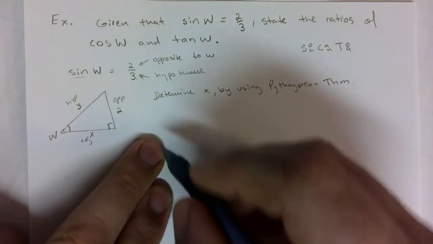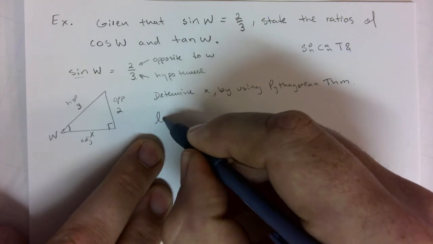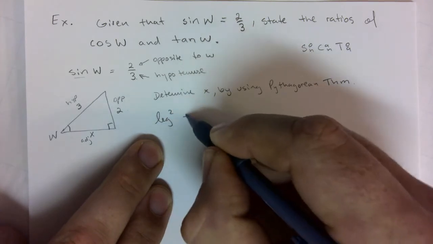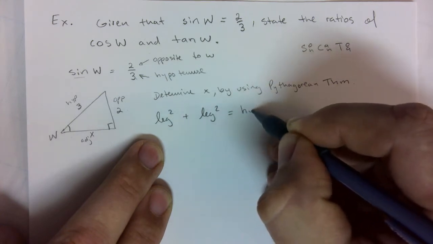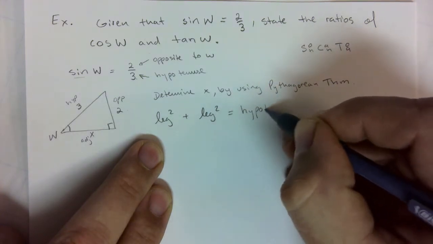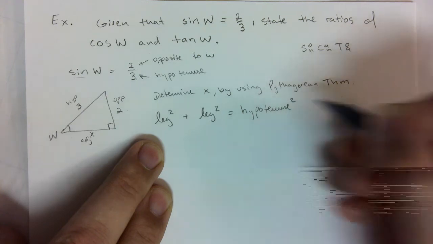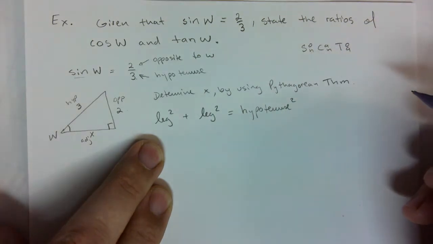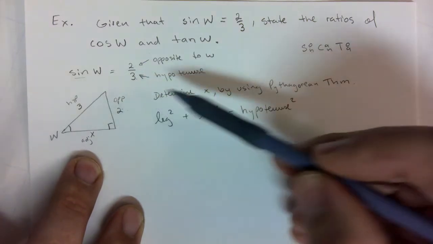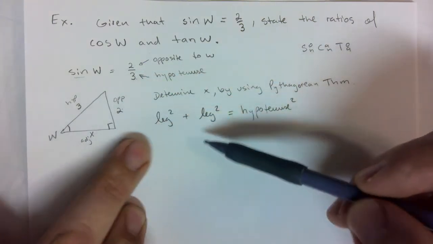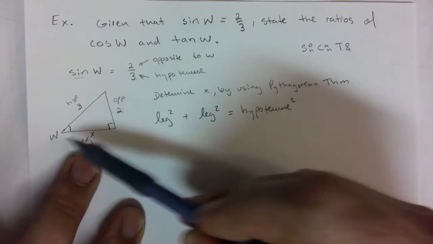So what I like to do is go leg squared plus leg squared is equal to the hypotenuse squared. Okay, so if you remember that, take one leg, square it, take the other leg, square it, add those up, and that will be equal to the hypotenuse squared.